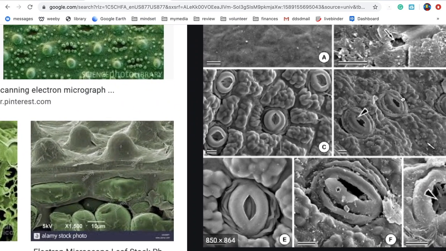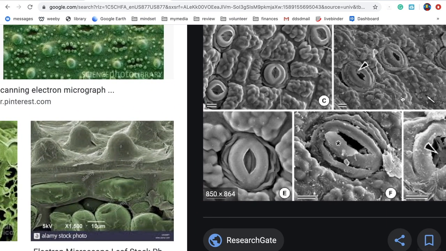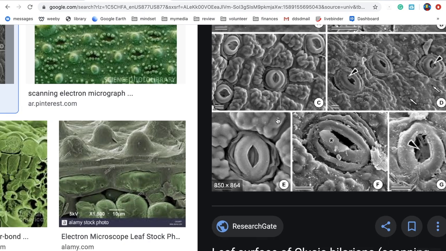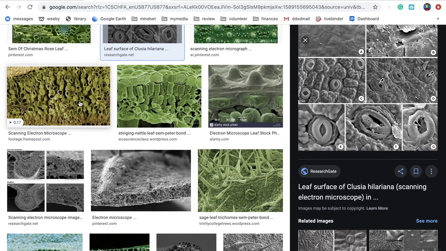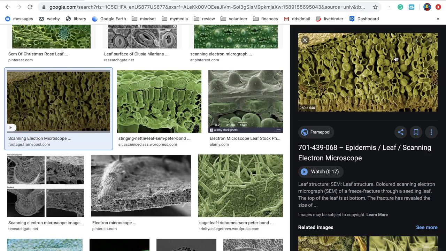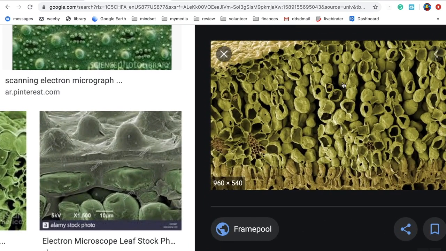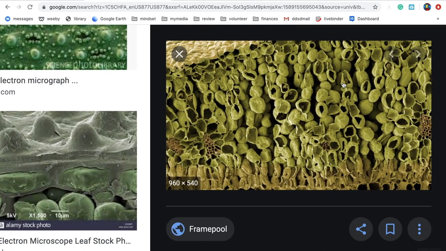Here are some other examples. These are likely chloroplasts, which process sunlight and convert its energy for use by the plant. And I really want you to notice how different this is from what our eyes see.